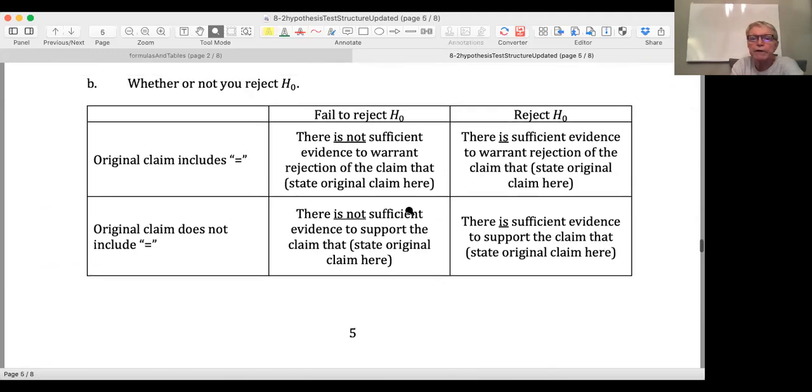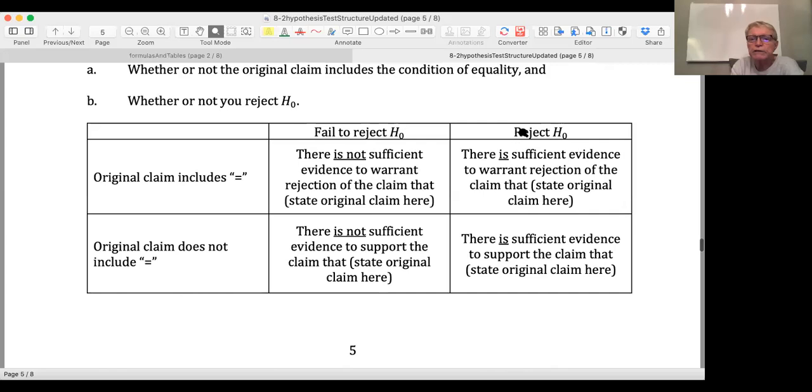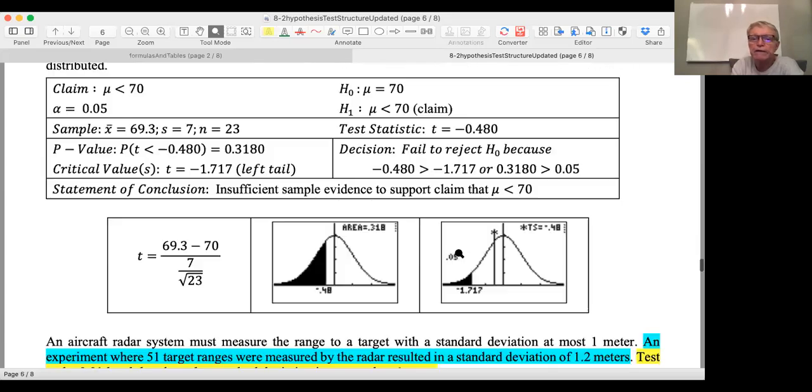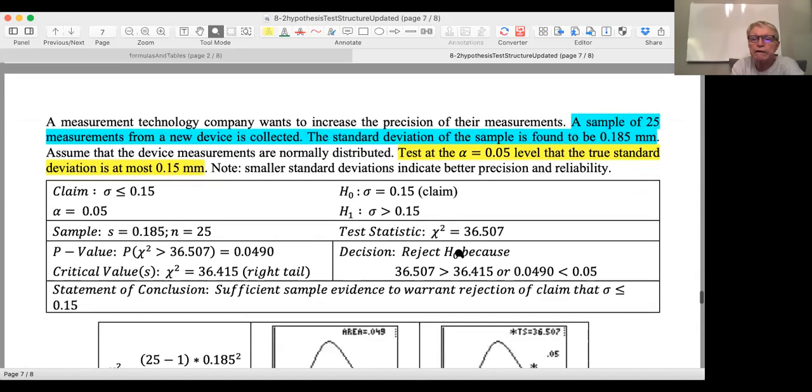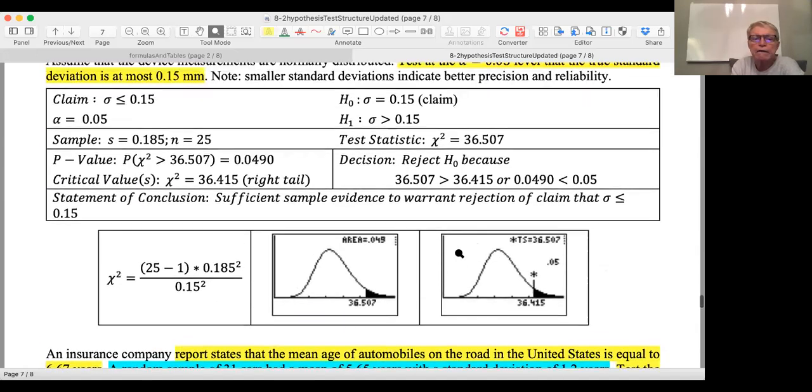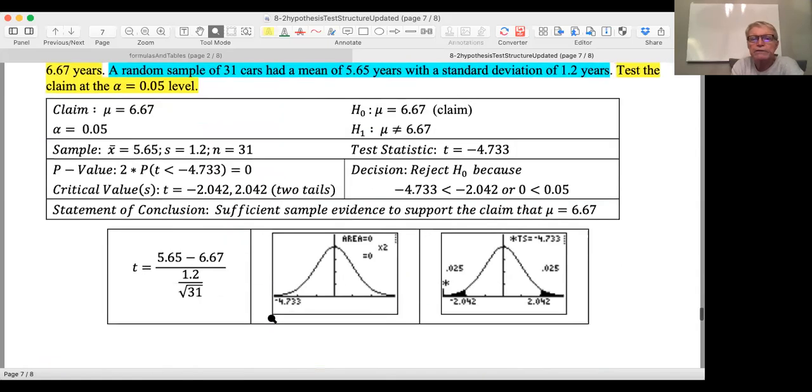So if we go back up here, we reject and it included equality. Here's the wording: sufficient evidence to warrant rejection of the claim that, and we repeat the claim. Let's see what I wrote in here. Sufficient evidence to warrant rejection of the claim that, and then I repeat the claim, sigma less than or equal to 0.15. And then let's look at this one.